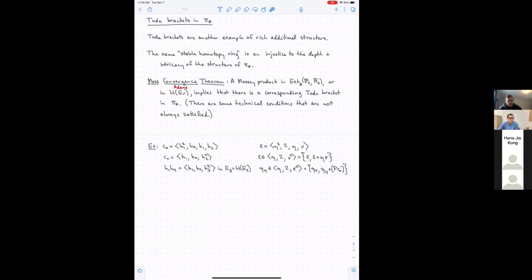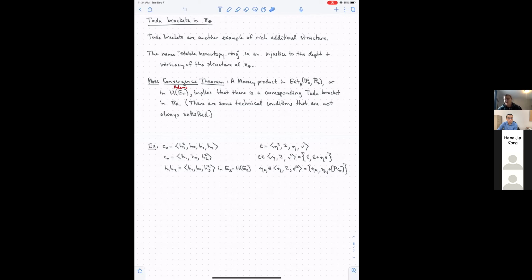All right, so it turns out that the Moss convergence theorem is a great way to get your hands on total brackets in the stable homotopy ring. Okay, so what it says, and again, this is just a rough description, as we've talked about before, there are some technical conditions that have to be satisfied.